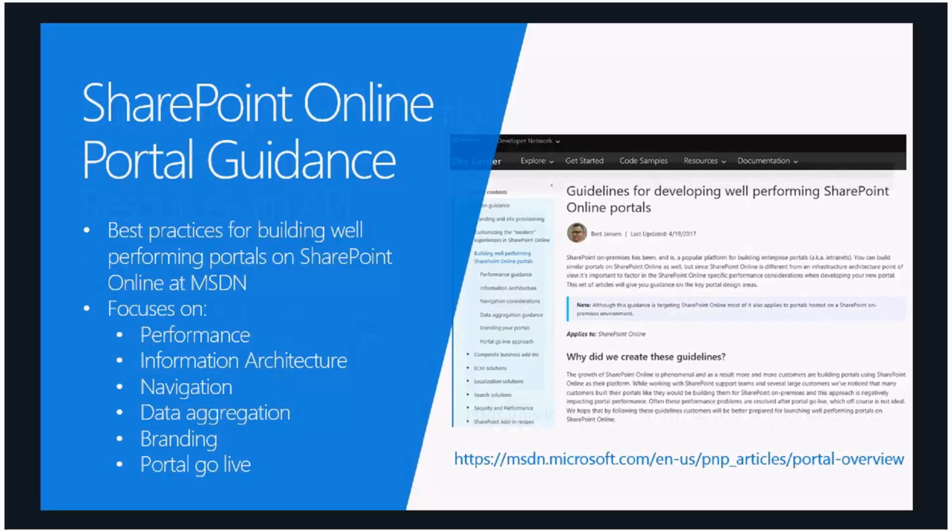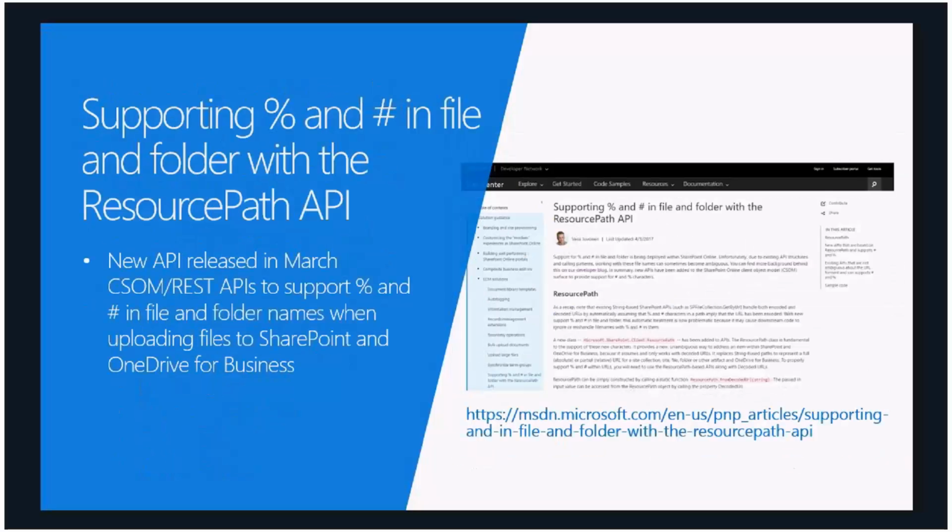Now, a few other things. Quite recently we added guidance, and this relates to the March CSOM release, where we added support for percent and pound signs in file and folder naming in our API surface.